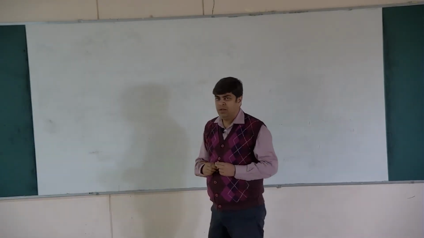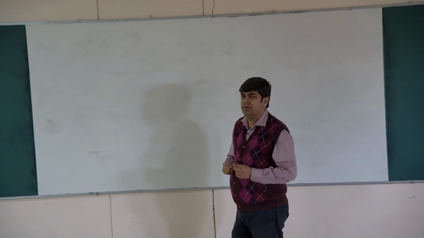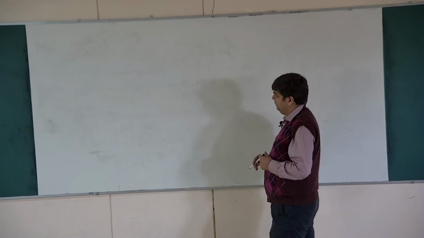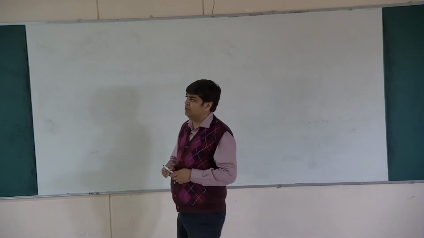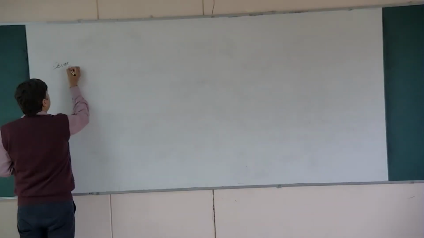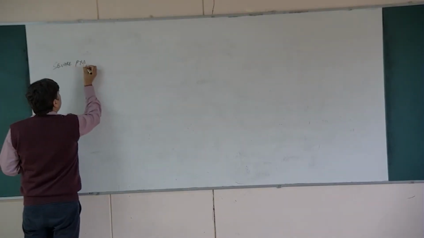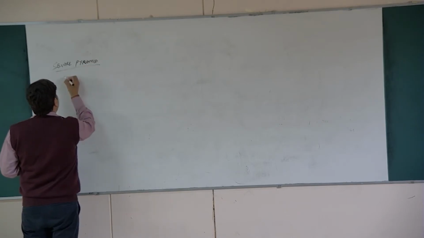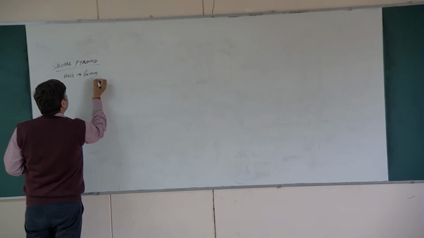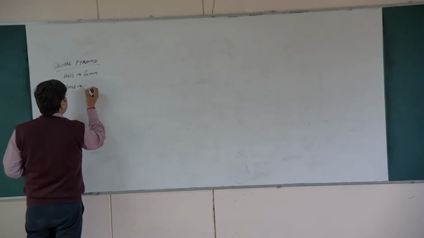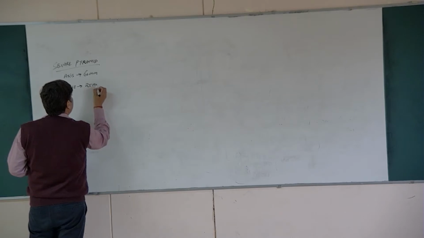Now I'm going to take up a problem on a pyramid. Let us take the problem of a square pyramid. The problem is that you have a square pyramid with axis height 60 mm and base, let us say, 25 mm.